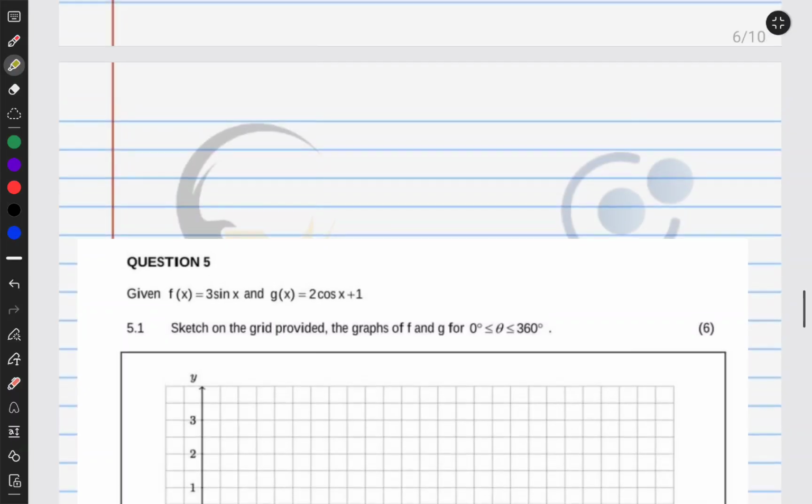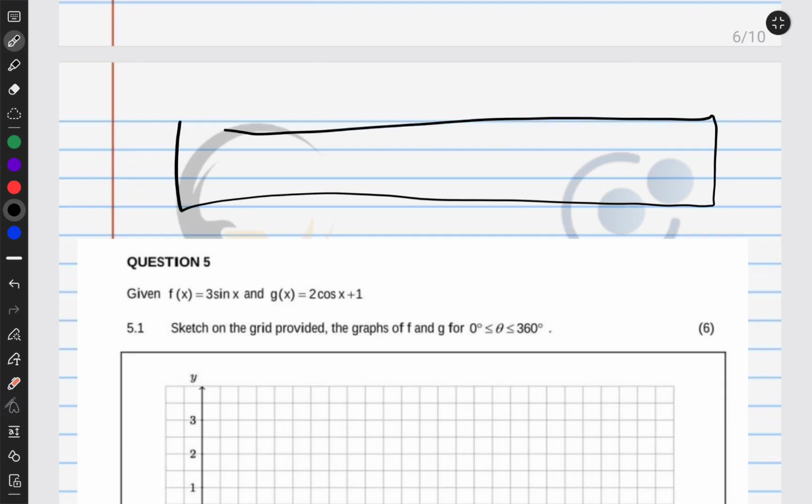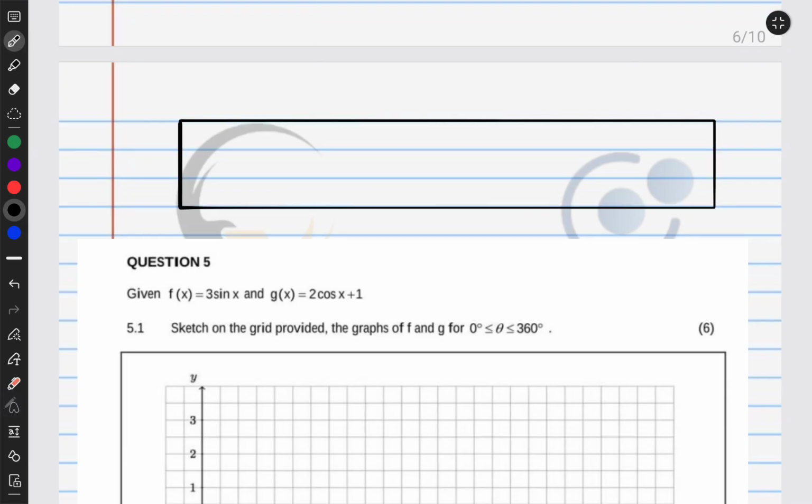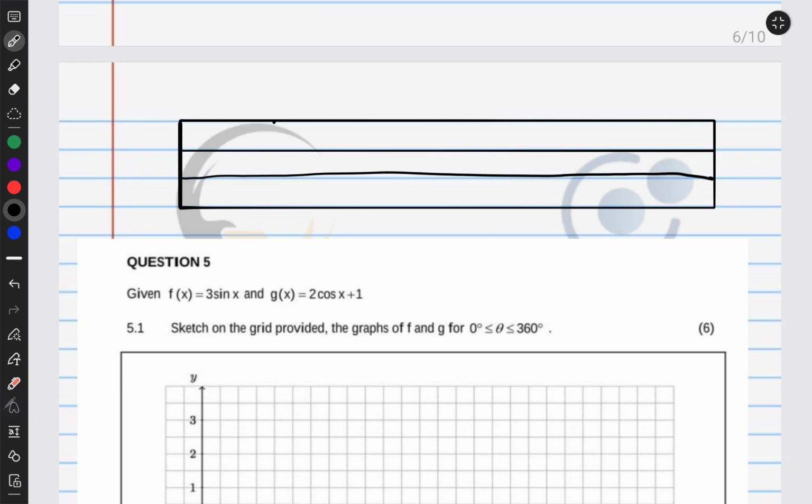Let me see if we can use all of these intervals. I usually just use the 90 degree intervals to plot the graphs, but since we are provided this many data points, I'll just use it.